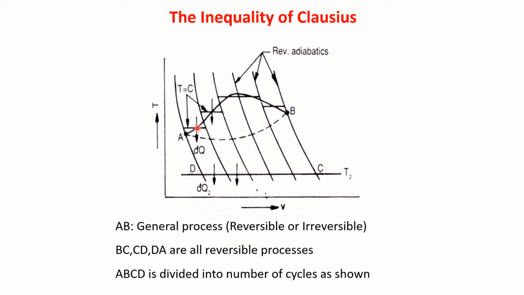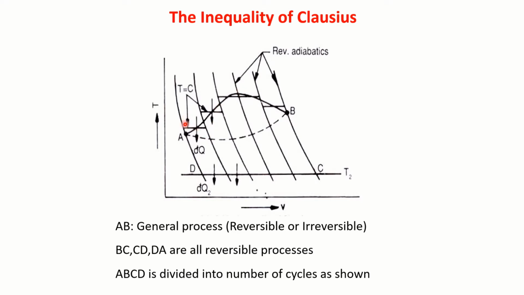Okay, this I have replaced. Similarly, take this part of the process. Do the same. Two reversible adiabatics, one reversible isothermal. This part, and so on. I go on doing like this.